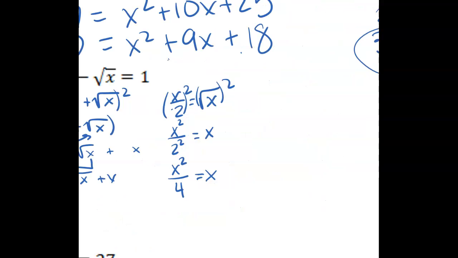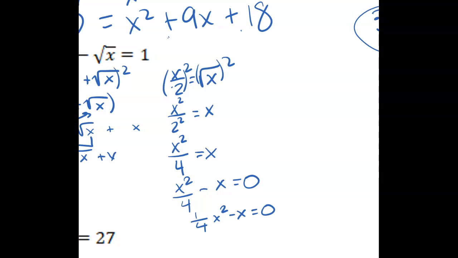So again, I have a quadratic even though it's part of a fraction, so there's one thing I need to do first. To try to solve a quadratic, I need to get one side equal to 0. So I'm going to subtract that x over because that looks nicer. So I get x squared over 4 minus x should be equal to 0. Or you can rewrite it as 1/4 x squared minus x is equal to 0.